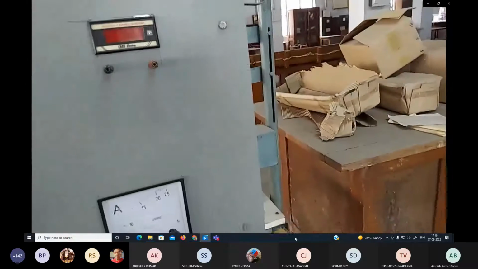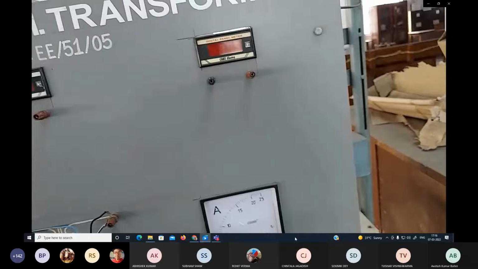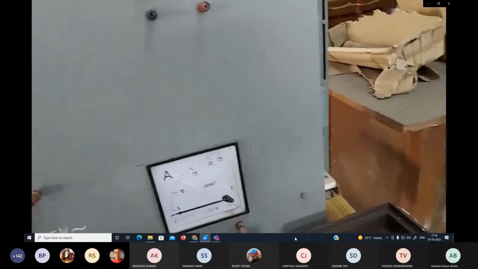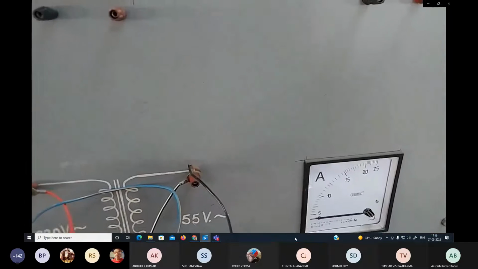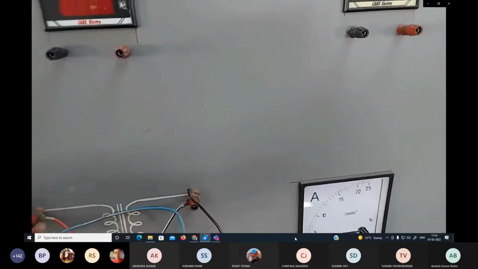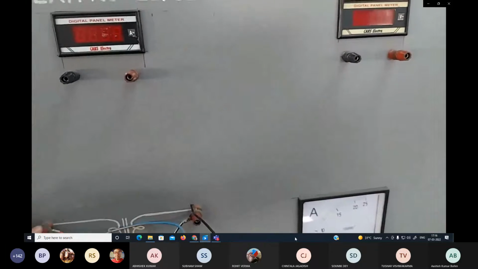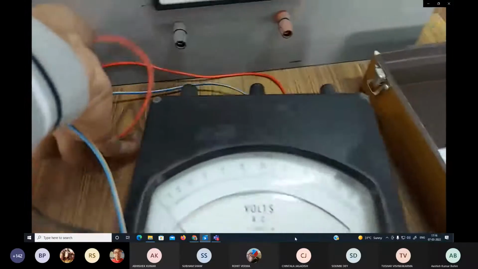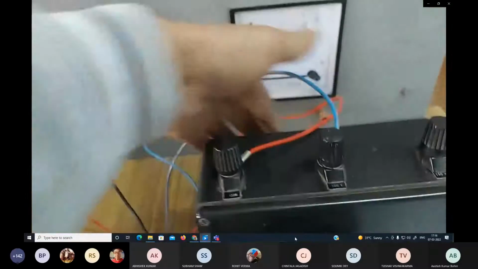This is measuring the input voltage on the primary or low voltage side, and this is already connected to the high voltage side, 220 volt side, to measure the open circuit voltage.